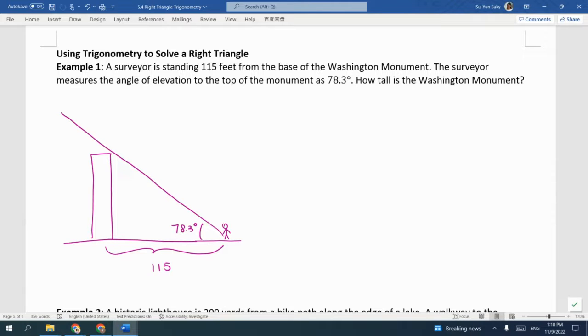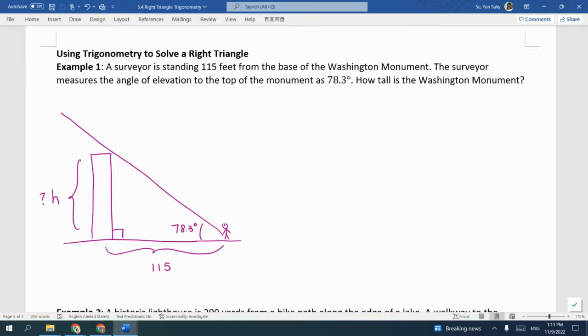Okay, so we want to compute how tall it is. So this is what we're looking for. So now let's see. This is a right triangle. This is the what? Opposite side. Yeah, this is the height, right? It's also the opposite side. And this is the adjacent. Which trig function relates opposite and adjacent?